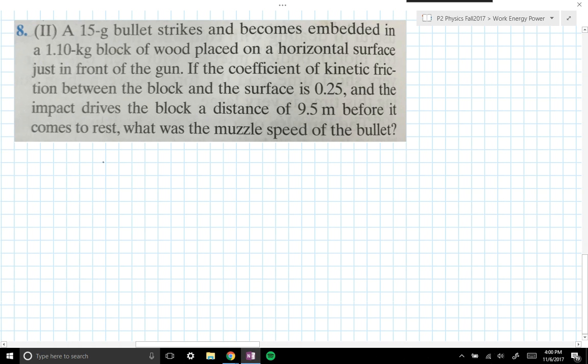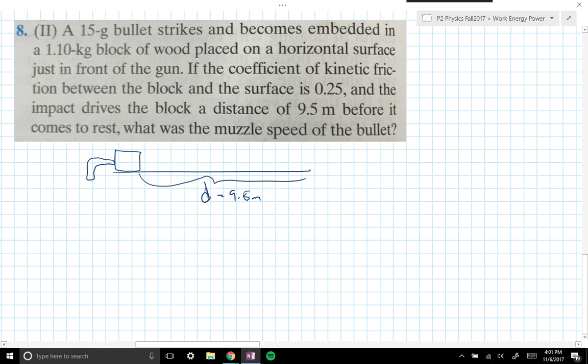All right, so looks like we got a gun here, and this block of wood is placed right at the end of the muzzle of it. And it's going to strike the wood, and that wood is going to slide some distance here, right? 9.5 meters.